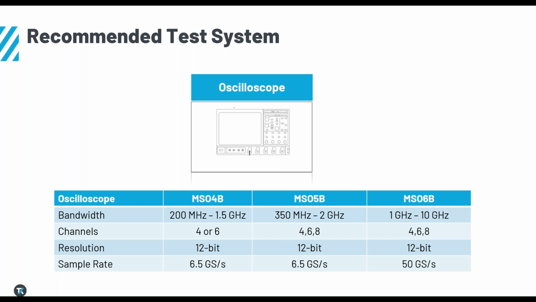So that's a key component when you choose your measurement system. And last, sample rate. There's some rules of thumb, maybe 10x your primary fundamental, but it's 6.5 gigasamples per second on the 4 and 5 series, and then up to 50 gigasamples on your 6 series. So some things to consider when you're choosing your digitizer system.